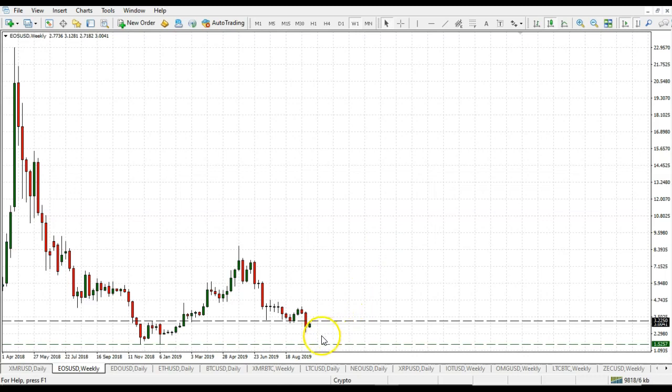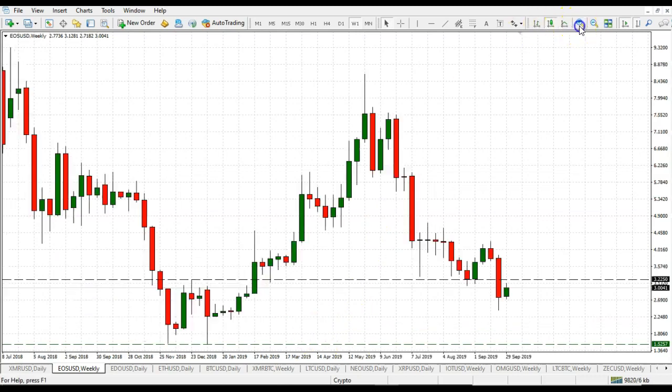And mind you, this is a huge move, because right now we're trading at 3 and we're talking about 1.5. Even though visibly it looks close by, it's actually a staggering 50% drop in value. That's how huge this drop really is.